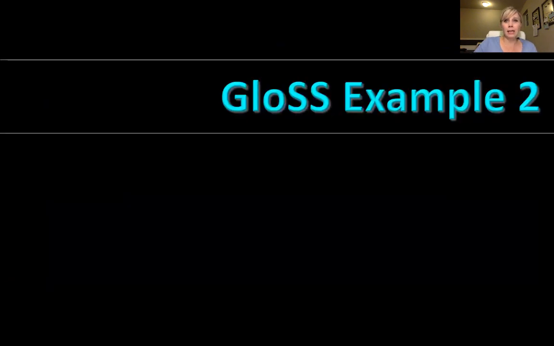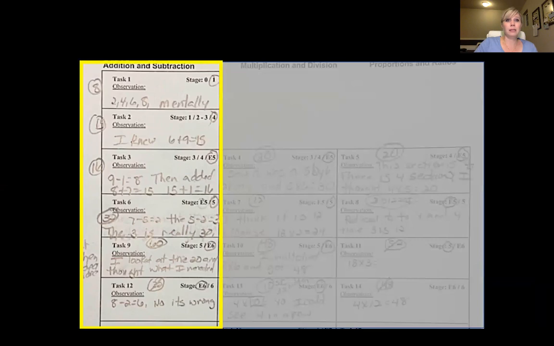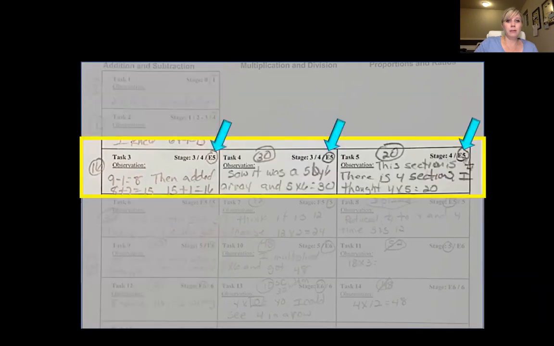Let's take a look at a second example. This one, the child interviewed a little farther, but there's some decision points here that we're going to discuss and that could be debatable. So let's take a look. Addition subtraction domain. I did want to point out that this assessor also followed the decision points to continue going on.